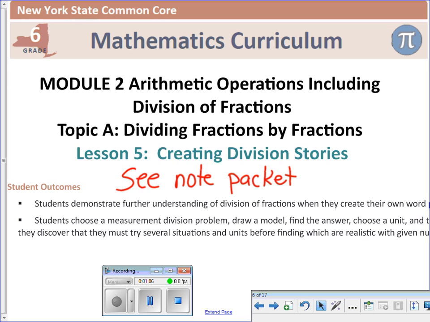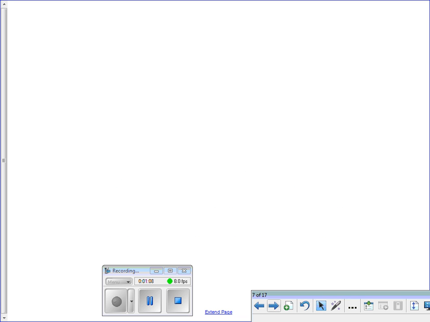All right, let's go, turn back the clock Tuesday, all the way to Module 2, Lesson 1. The very first example we saw was 12 divided by 3. Remember that? That was the very first one.